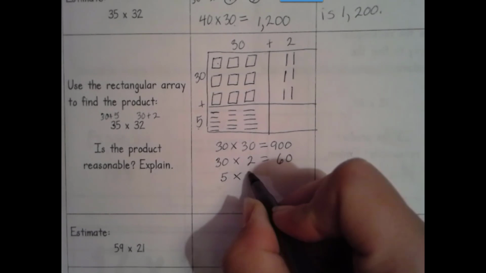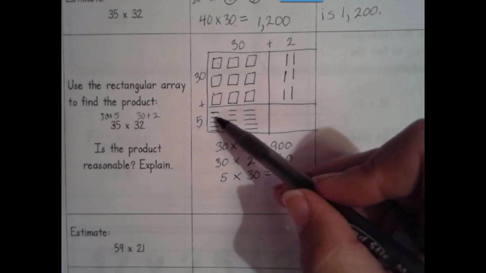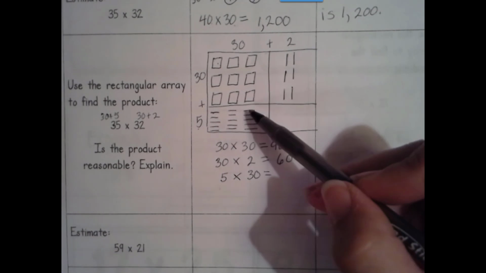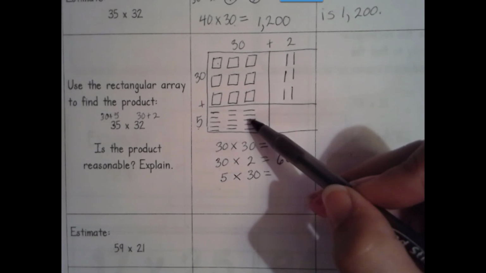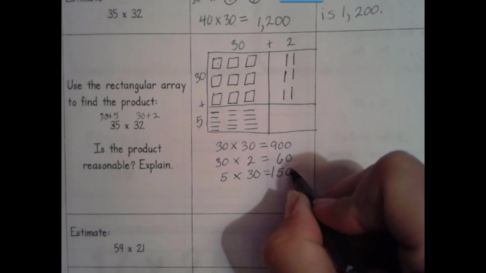So 5 times 30, or 5 groups of 30, 10, 20, 30, 40, 50, 60, 70, 80, 90, 100, 110, 120, 130, 140, 150.